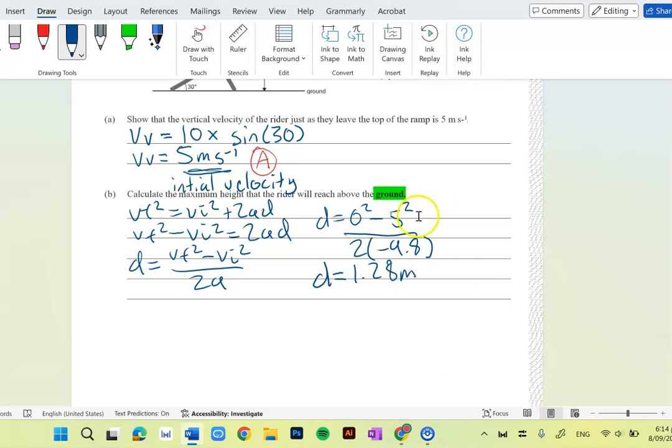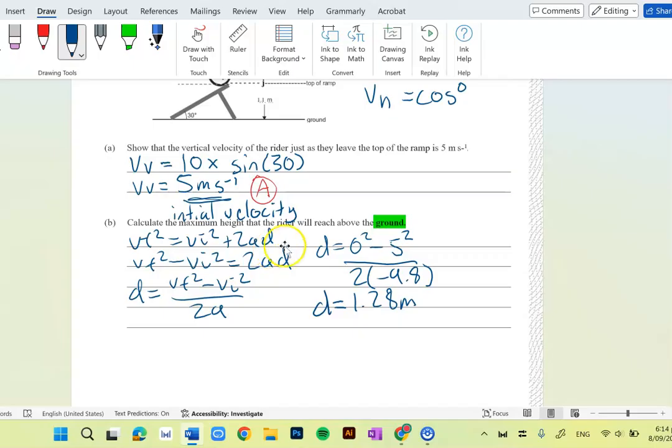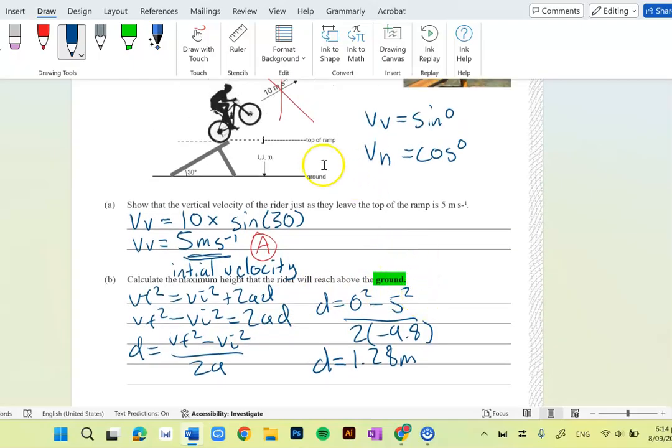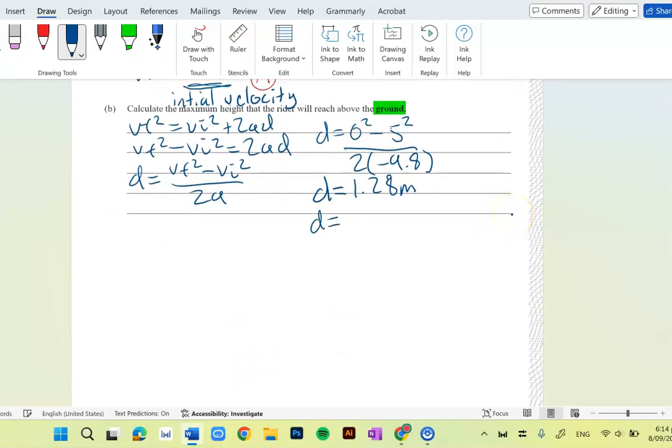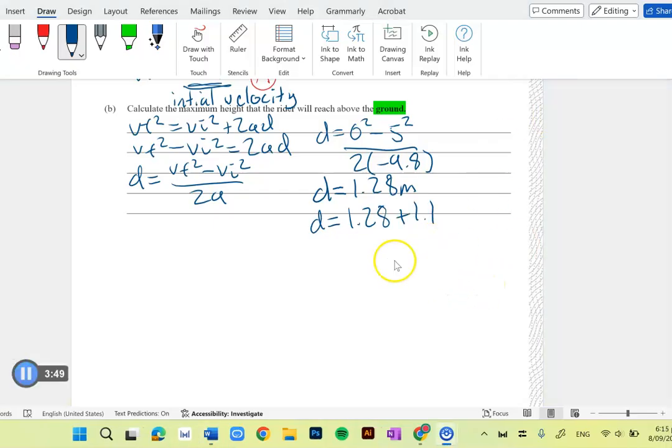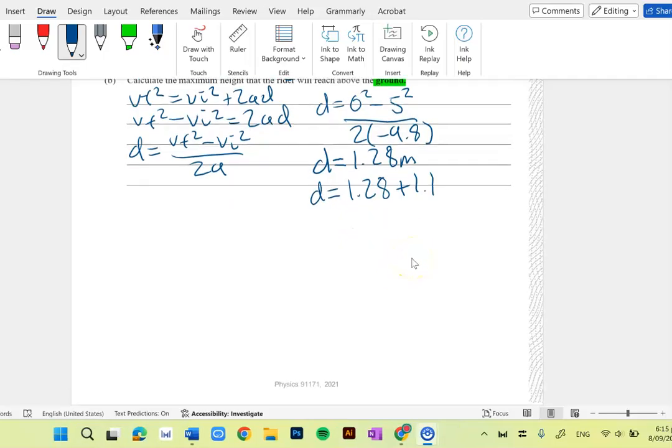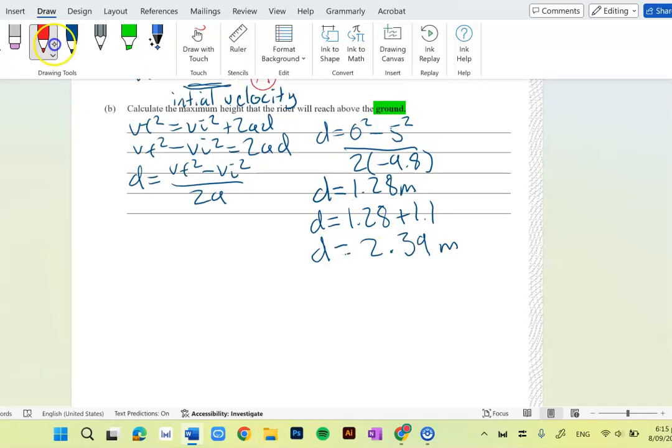Now, we're not done yet. We have to add on, because it's above the ground, this ramp is 1.1 meters above the ground as well. So our final answer will be 1.28 plus 1.1. Sorry about that, just cut off. So our final answer will be 2.38.